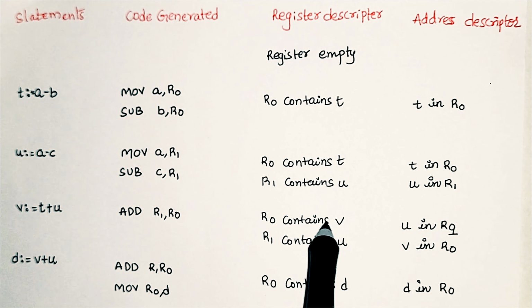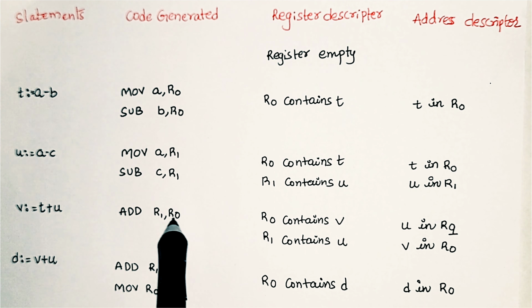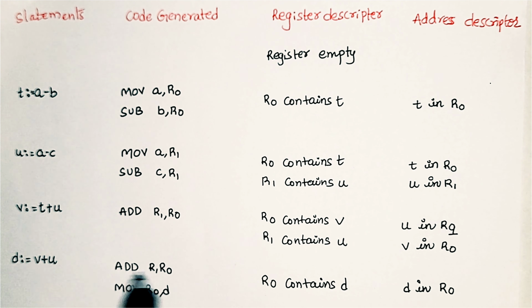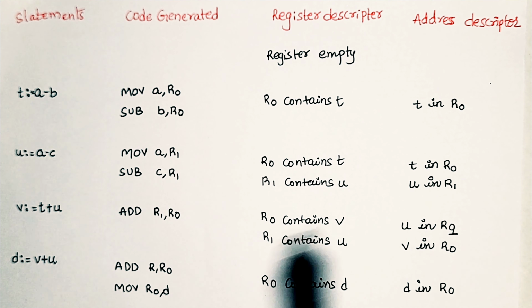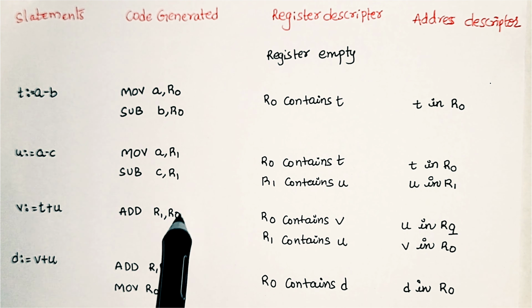R0 contains v because when you add two numbers, add r1 comma r0, the result is stored at r0. That's why r0 contains v. Then r1 contains u, friends. So in the address descriptor, u is in r1 and v is in r0.